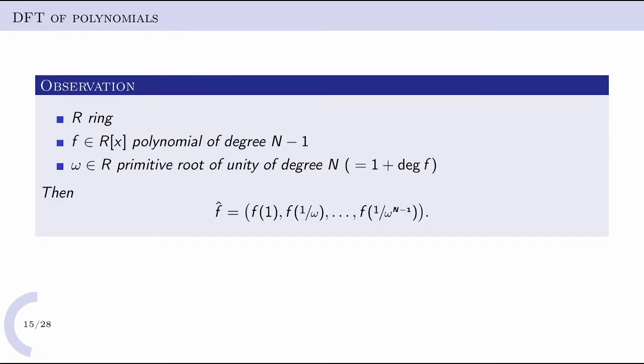Before, just a minute or two ago, I computed the Fourier transform of a sequence using just the definition. Now here in this course, we are dealing mostly with polynomials. This course in most part deals with operations and algorithms on polynomials.